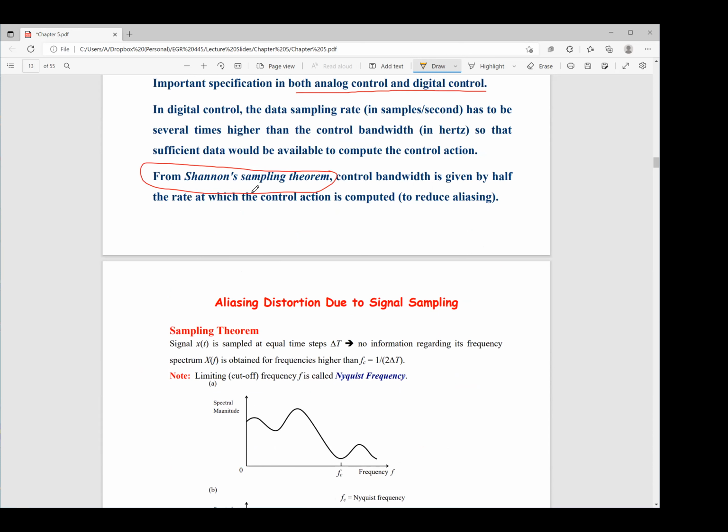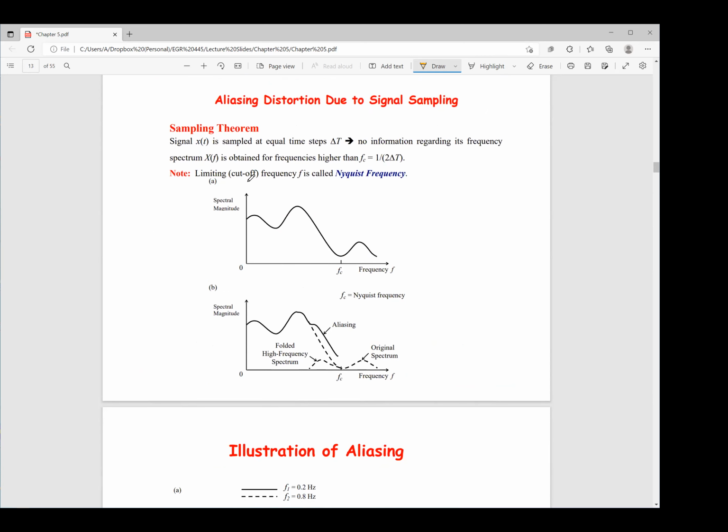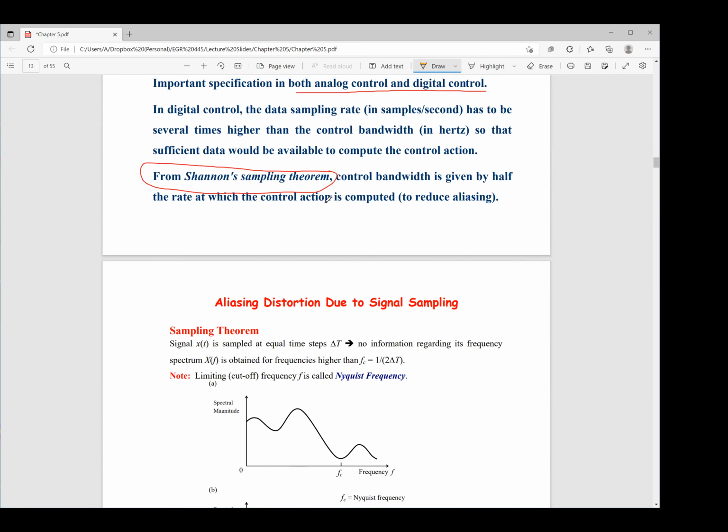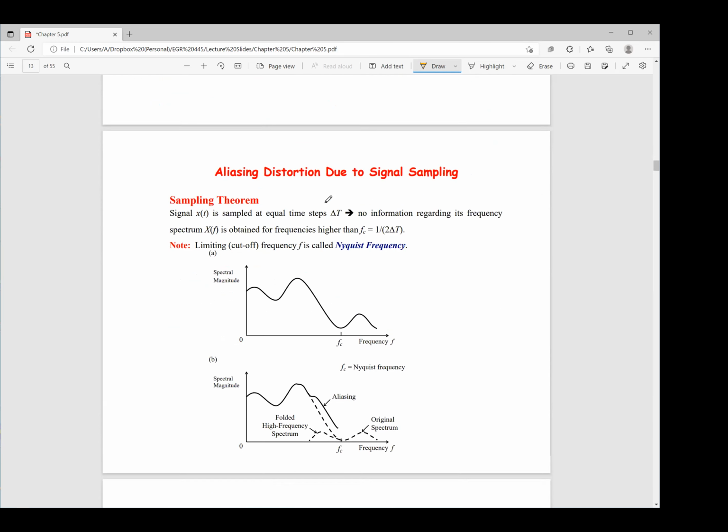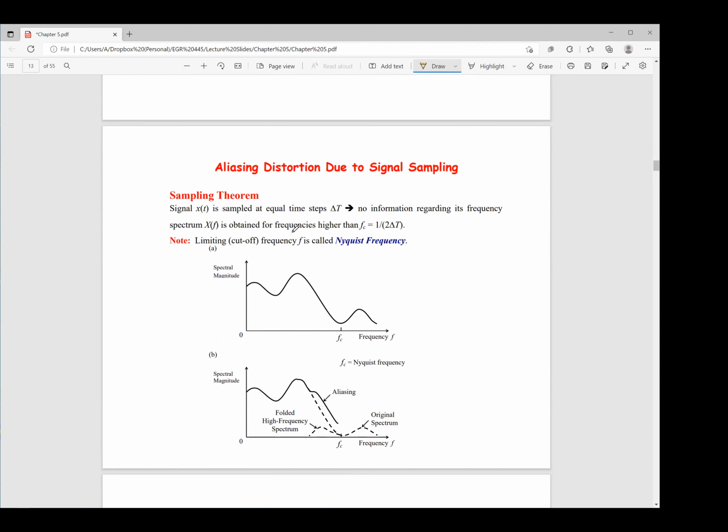Now, please understand that there is an issue called aliasing. If you have a signal that is varying, and you have a sampling that is not at the Nyquist frequency, or you don't follow the Shannon sampling theorem, then you will have spurious data that is actually not part of the signal, and that is called aliasing.